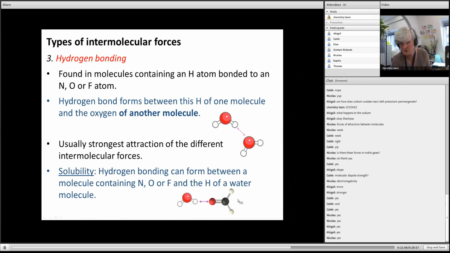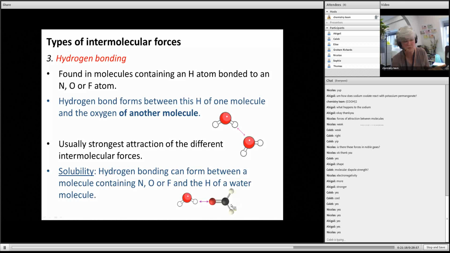You'll get to this when you've done organic chemistry. Can you see that I don't have a hydrogen attached to this oxygen? I have a hydrogen attached to carbon, but they can't hydrogen bond. Okay, because they're not bonded to the oxygen.